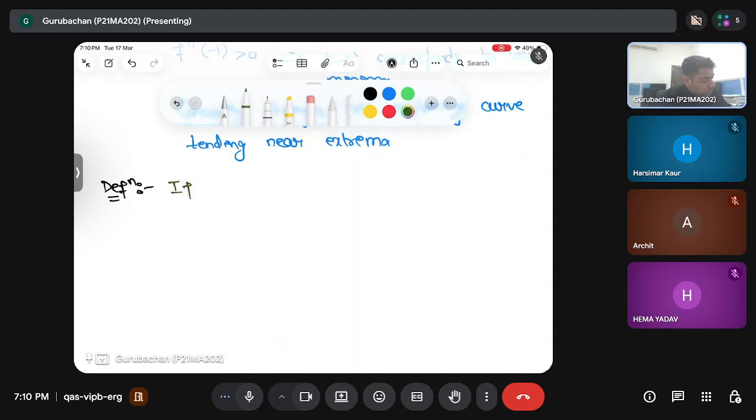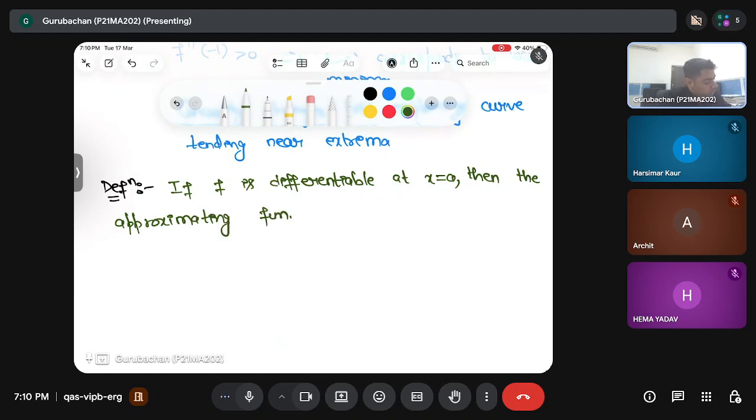If f is differentiable at x equal to a, then the approximating function is L(x) equal to f of a plus f dash of a times x minus a.